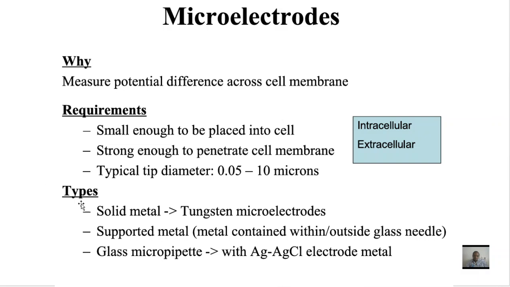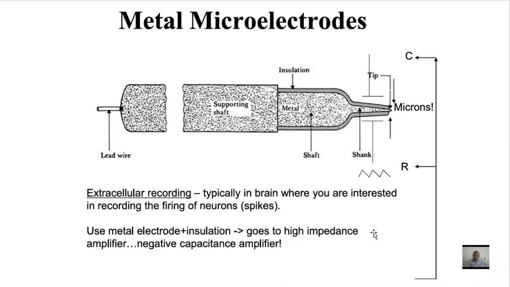In microelectrode we have the solid metal, that is tungsten microelectrode, and supported metal, that is metal contained within or outside the glass needle, then glass micropipette electrode, that is with AgCl electrode metal. So these are the types of the microelectrode. In that, the first one is metal microelectrode, made up of metal, that's why it is called metal microelectrode.